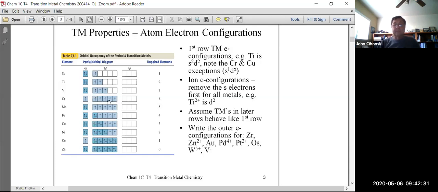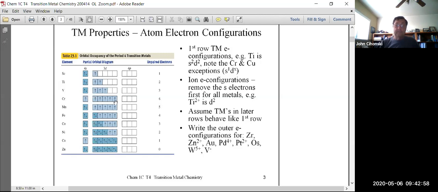But somewhere in here, remember I said that the d orbitals drop below the s orbital? That happens. And when that happens, the more stable configuration is where they are all unpaired, because it minimizes the energy of the atom, the overall electron configuration of the atom.